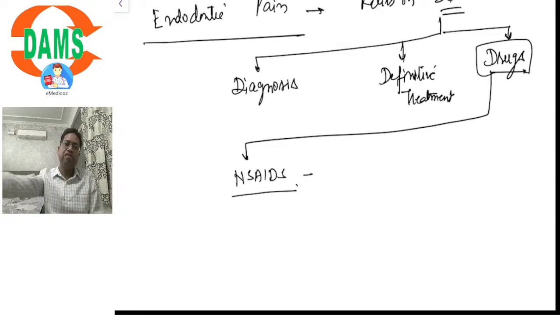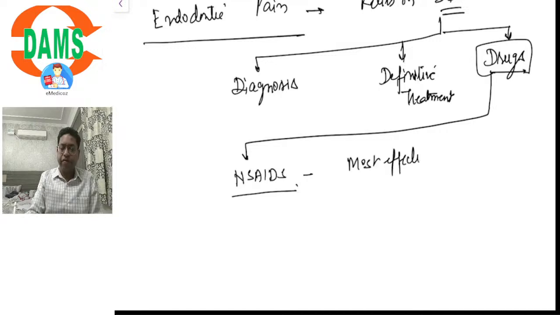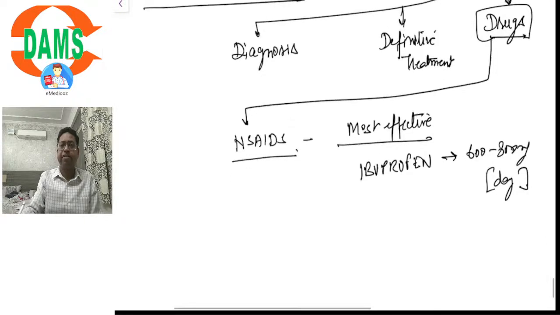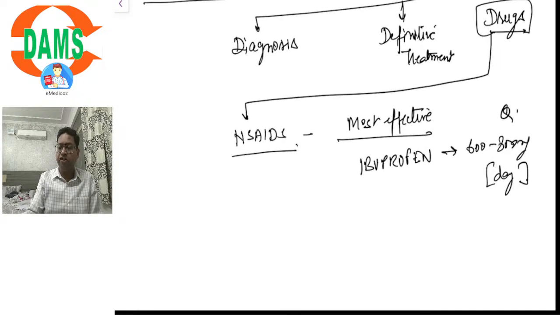And according to that study, it was concluded that the most effective for pain control related to pulpal pain is ibuprofen in high doses of about 600 to 800 milligrams. That is QID, 4 times per day.